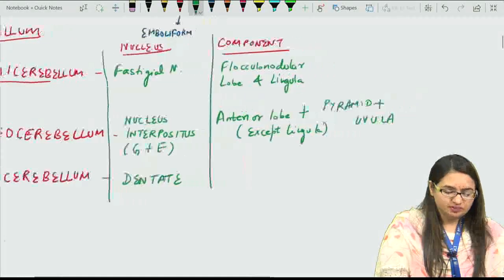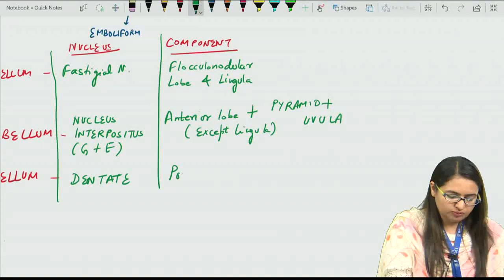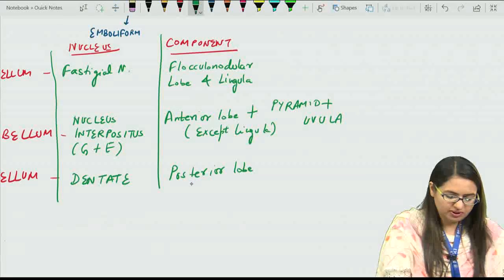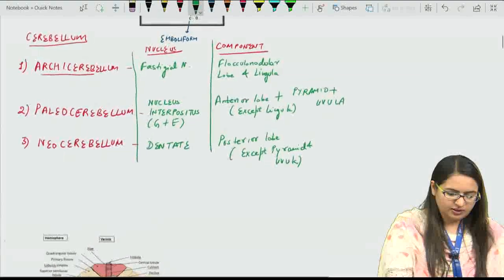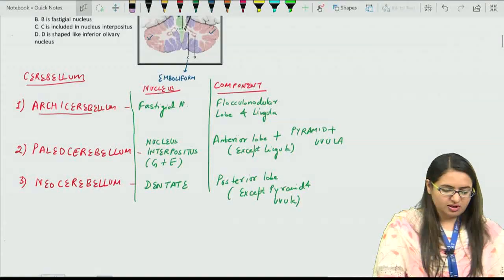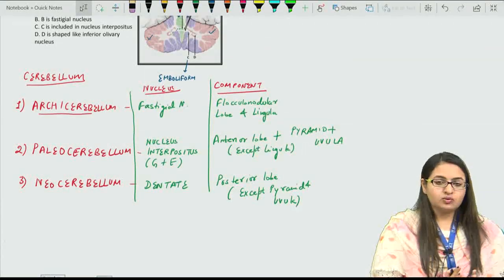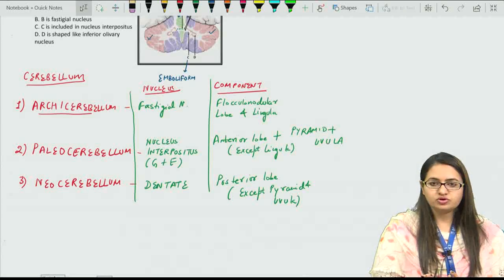The neocerebellum, the newest one, includes the posterior lobe except the pyramid and uvula. So these are the various components of the cerebellum, the nuclei associated with them, and the portions of the cerebellum included in each.